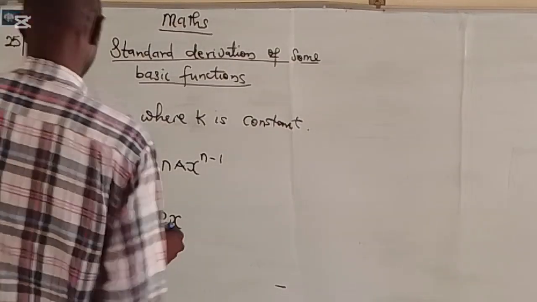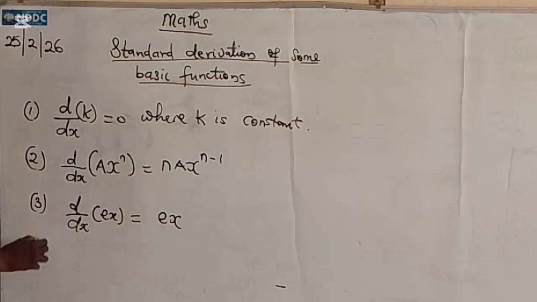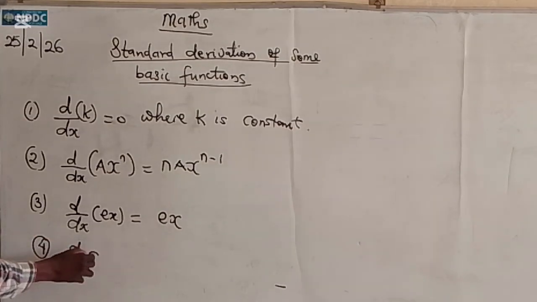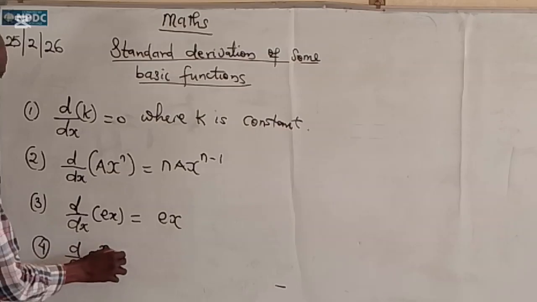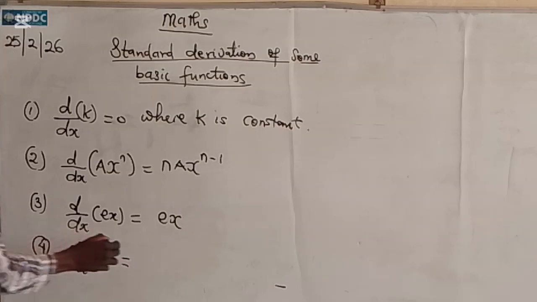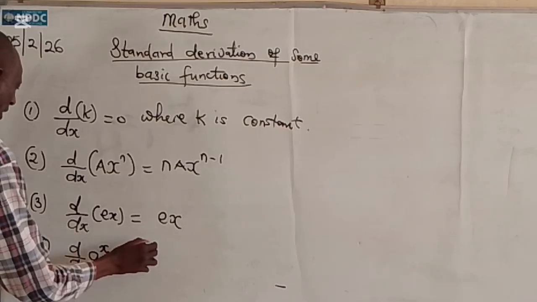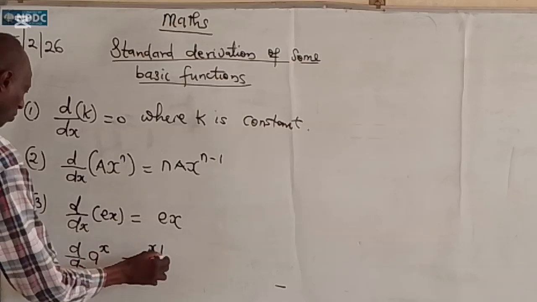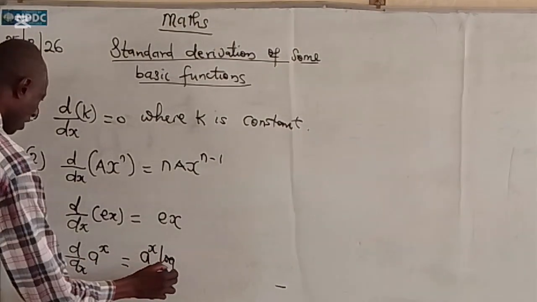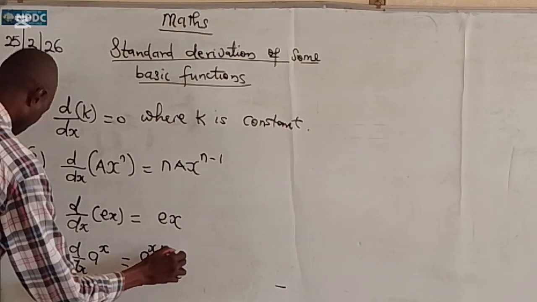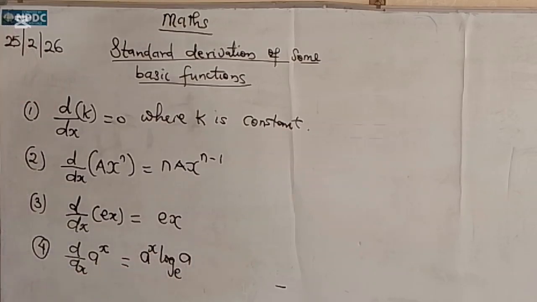Now, let us take number 4 here. d over dx of a raised to power x is equal to a raised to power x log base e of a. That is the fourth one.